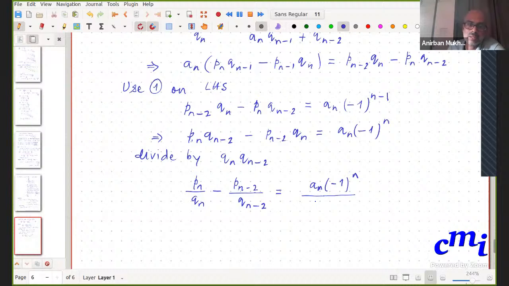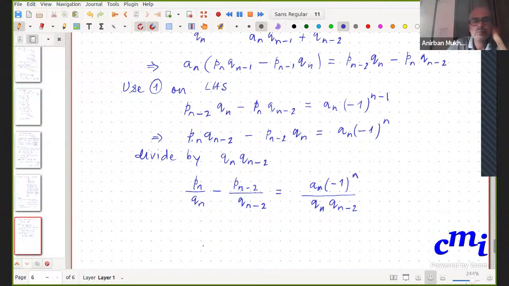Actually, A and Q together can be a bit confusing, but every book or paper uses this notation: An for the partial quotients, and Pn by Qn for the convergents. So we would stick to that.